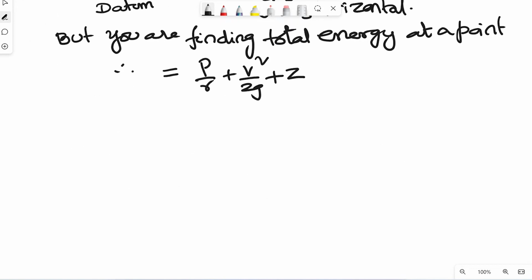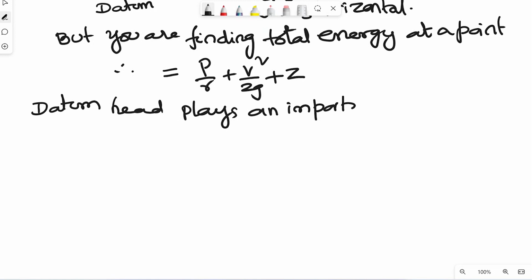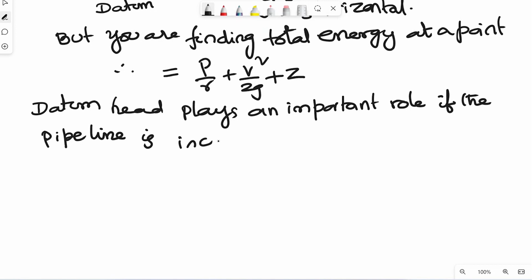Next, datum head plays an important role if the pipeline is inclined or vertical.